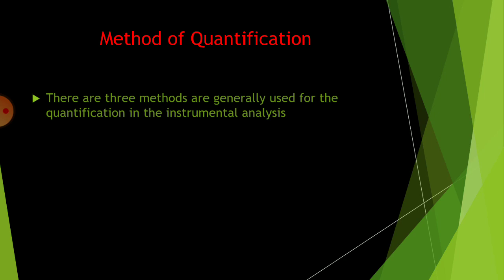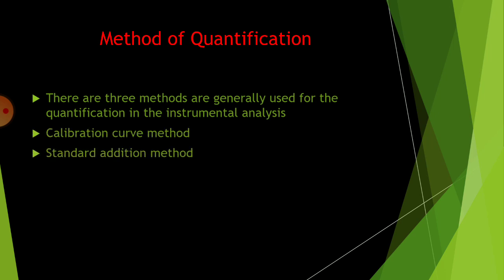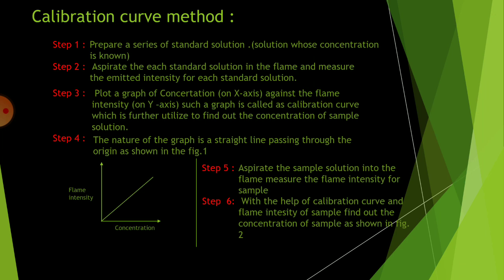Generally, there are three methods used for quantification in instrumental analysis. In all instrumental analysis, the first is the calibration curve method, second is the standard addition method, and third is the internal standard method. Now let us discuss the calibration curve method in detail.